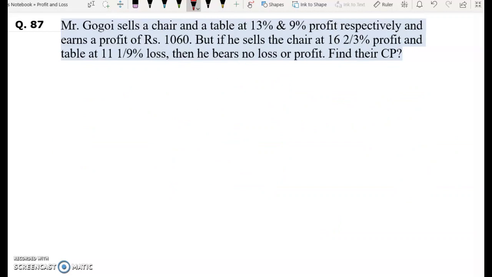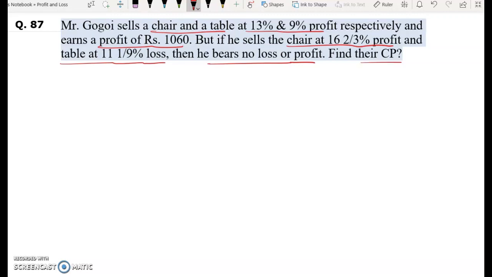Question number 87. Mr. Gogoi sells a chair and a table at 13% and 9% profit respectively and earns a profit of rupees 1060. But if he sells the chair at 16.2 by 3% profit and table at 11.1 by 9% loss, then he bears no loss, no profit. Find their cost price.